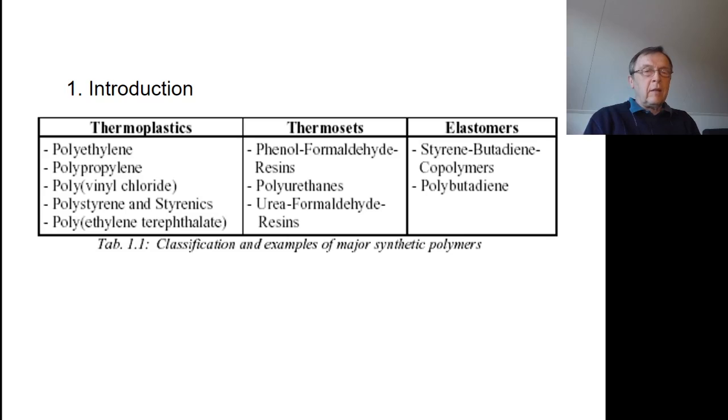Polyethylene is an important product from this group, polypropylene, polyvinyl chloride that we know for many applications in construction materials. So many things in our houses are made from polyvinyl chloride, for example, floors, or polystyrene or polyethylene terephthalate are also big industrial products that we all know, all handle every day.